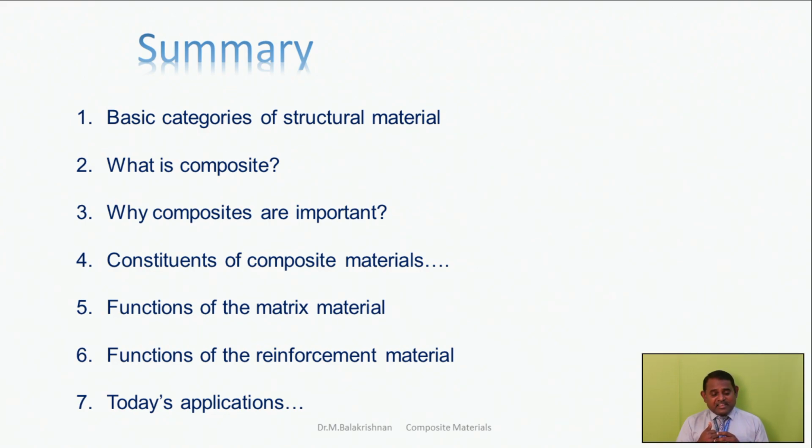The matrix material carries the reinforcement, and the reinforcement material takes the load from the matrix material and can take higher load compared to the matrix. Today's applications started with automobile applications, road transport, rail transport, and also aerospace and biomedical applications were discussed.